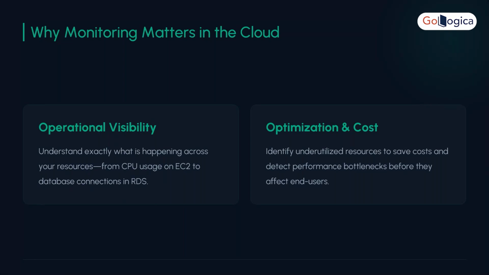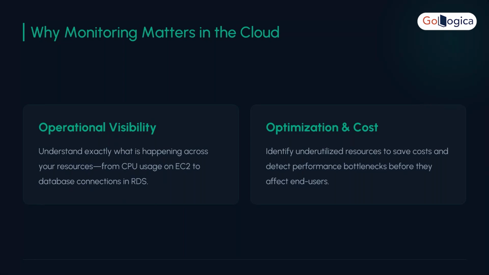Just like yesterday we discussed for NoSQL, DynamoDB, that we have different modes, provisioned mode and on-demand mode. So definitely based on this data from CloudWatch, we can decide how we should go further.